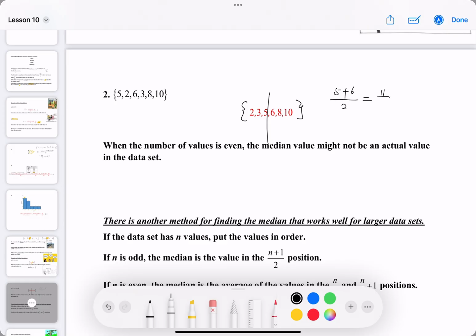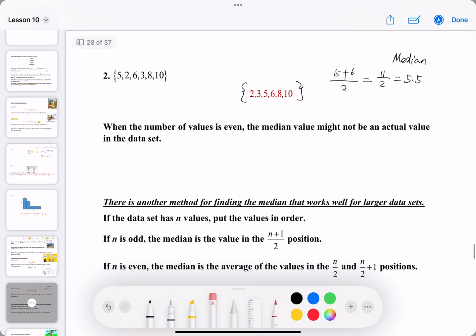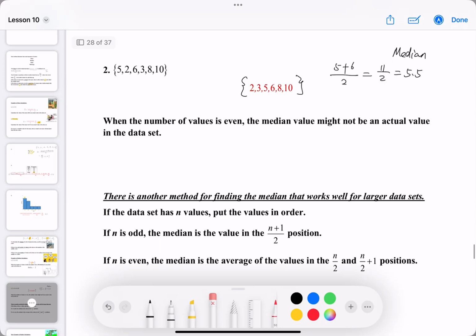We have 11 over 2, 5.5. This is the median of this data set. The median may not be an actual value in the data set. Yes, you see, 5.5 is not inside the data.